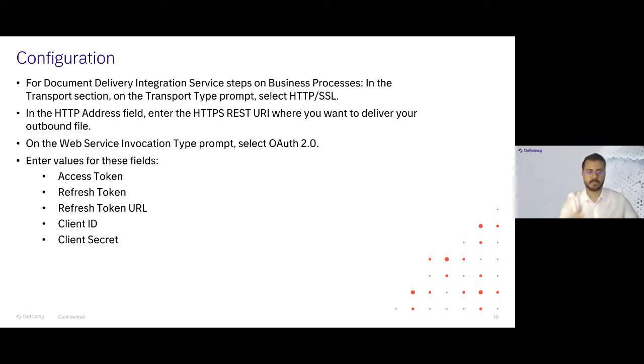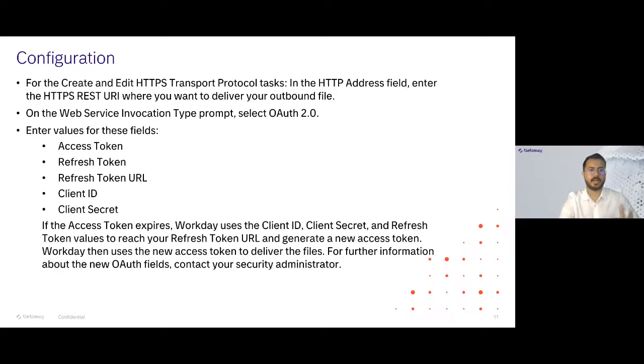This is in further detail because we have a lot of things, but it is almost a similar thing. How do we create or edit the HTTPS transport protocol task? It is the task Create HTTPS Transport Protocol Task, or you can go via Edit HTTPS Transport Protocol Task, and then enter these values.